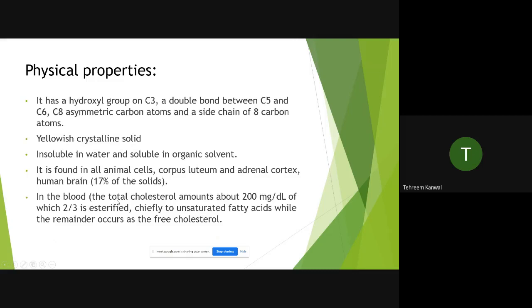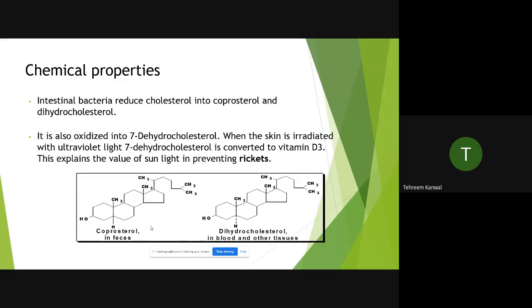In the blood, the total cholesterol amount is about 200 milligram per dl, of which about two-thirds is esterified, chiefly to unsaturated fatty acid, while the remainder occurs as free cholesterol. This thing you will discuss when you learn about the transportation of lipids. This esterified cholesterol and free cholesterol will be helpful in that.